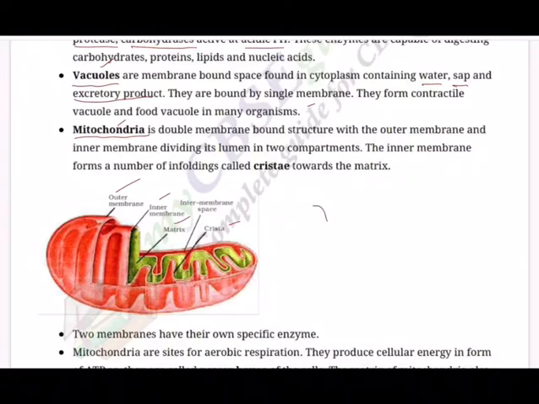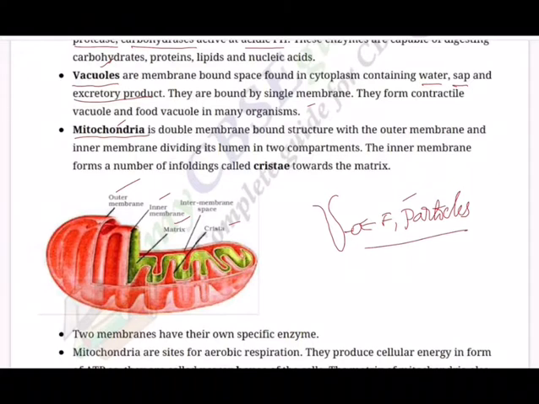In the cristae, which are finger-like structures like this, there will be what we call F1 particles. These F1 particles are very crucial in the storage of ATP molecules. So F1 particles are the specific ones inside the mitochondria that play a crucial role in storage of energy, and these F1 particles are present in the cristae.